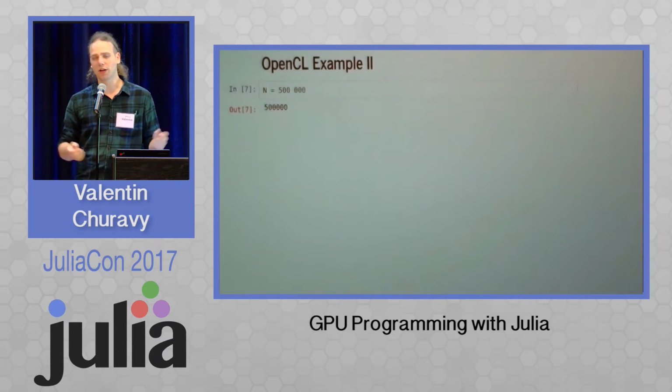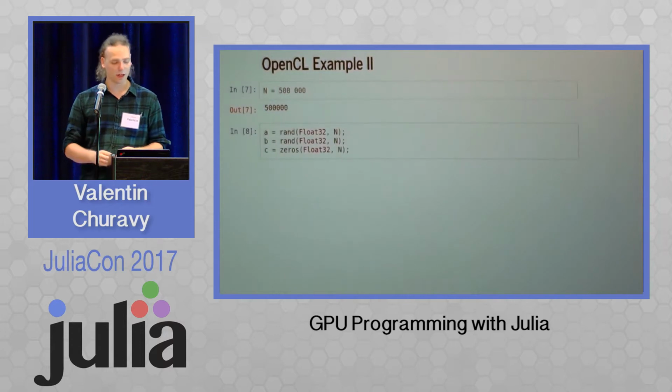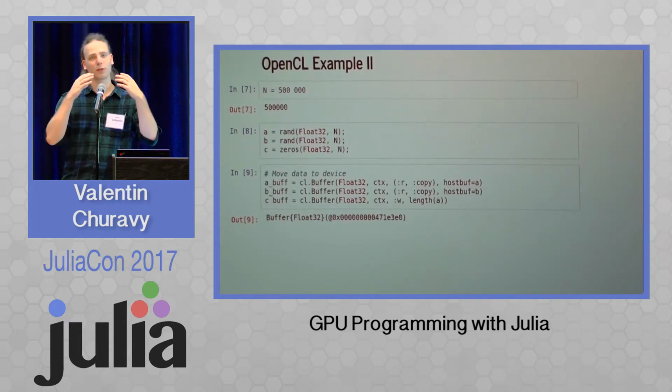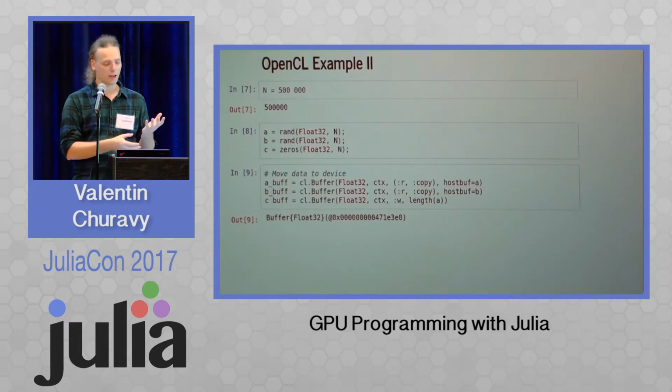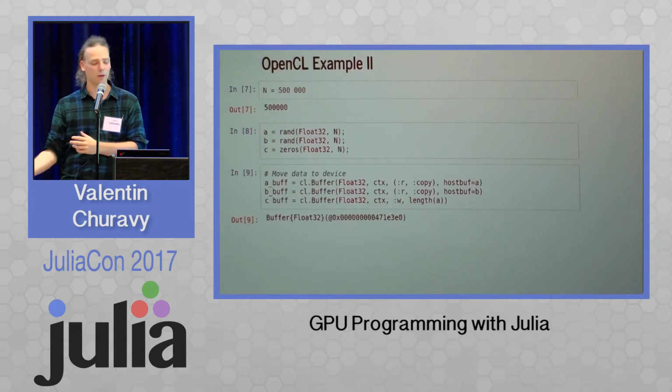Then we now define our problem size, and so I said, okay, 500,000 sounds like a good problem size. We create input arrays, and then we need to use these Julia arrays to create GPU arrays, so arrays that live on GPU memory.